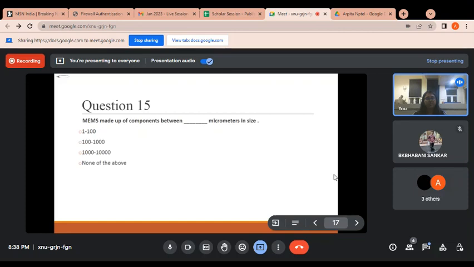Because some MEMS devices are even in the millimeter range. So that's why it is 100 to 1000 micrometer in size. It is also discussed in the lecture video, and it is directly taken from there.